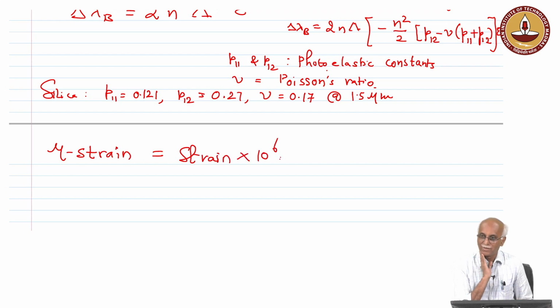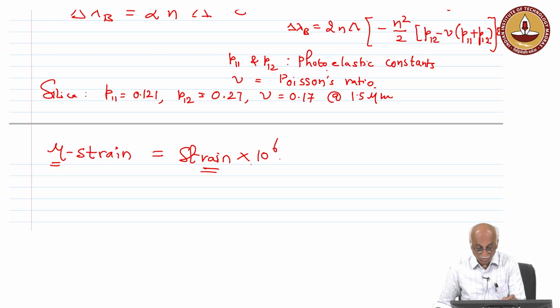Some textbooks express the micro strain induced in the material, because strain is a very small amount, so they express it as a larger number. The actual strain induced is whatever number they have given in micro strain divided by 10⁶.